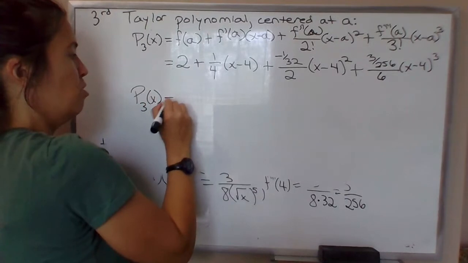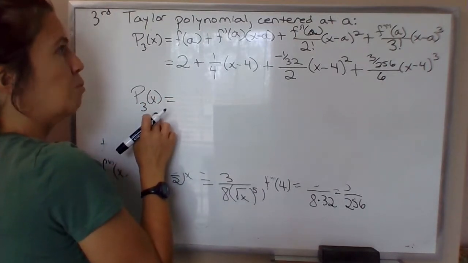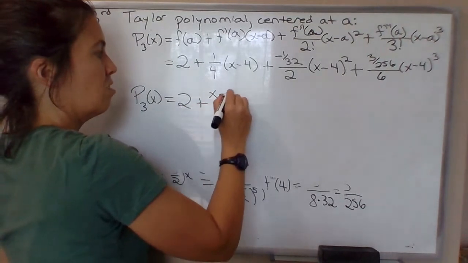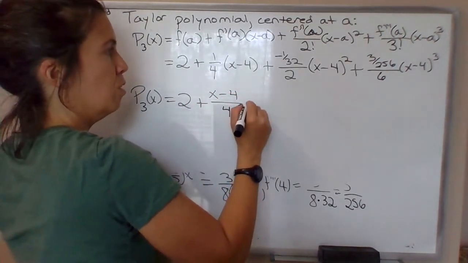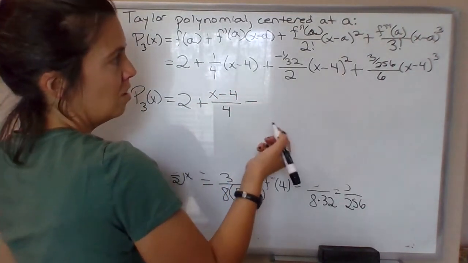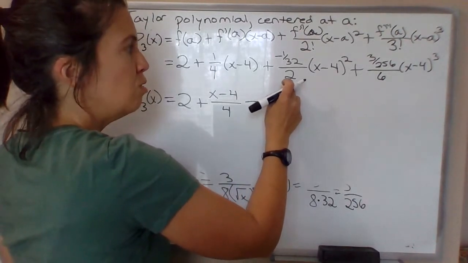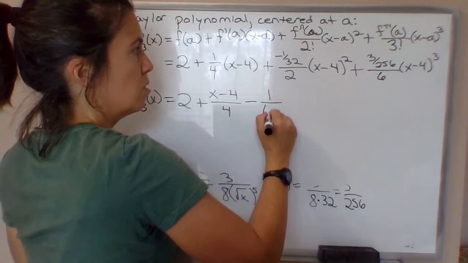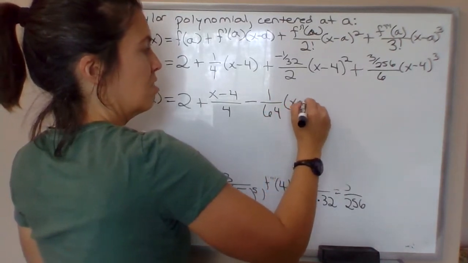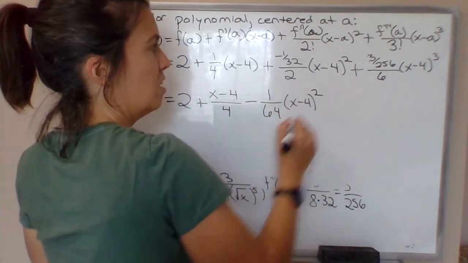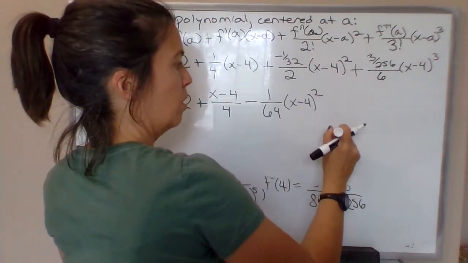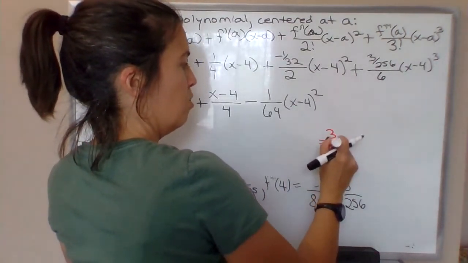So our third order Taylor polynomial, centered at 4 here, is 2 plus x minus 4 over 4 minus, okay, so this 1 over 32 divided by 2 is going to be 1 over 64 times x minus 4 squared.